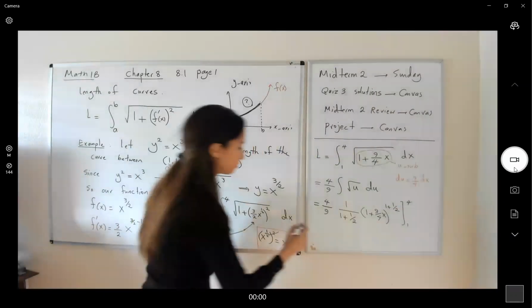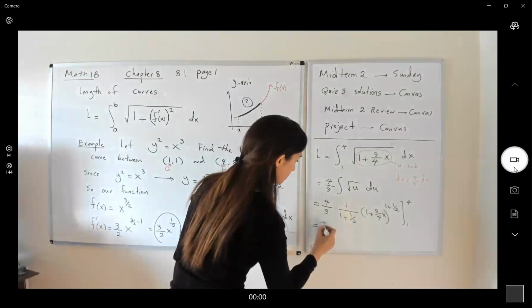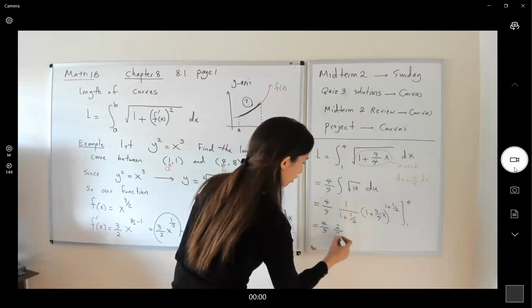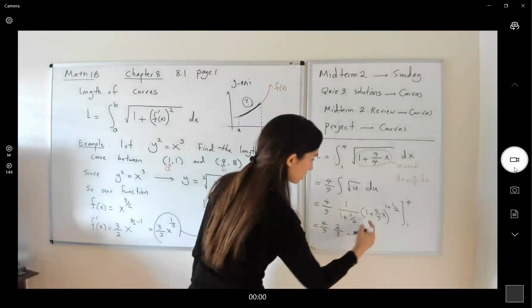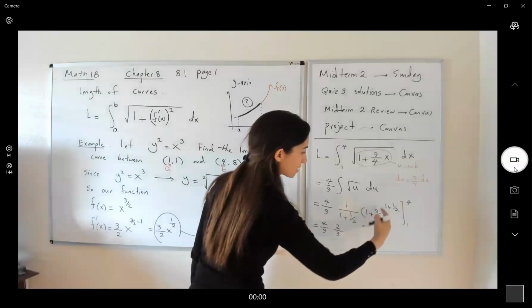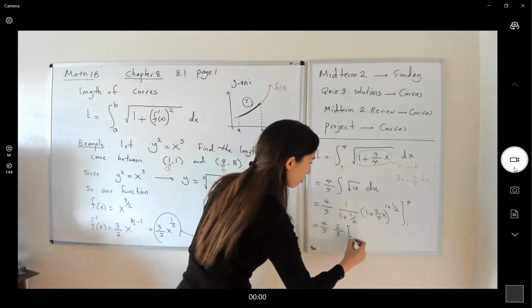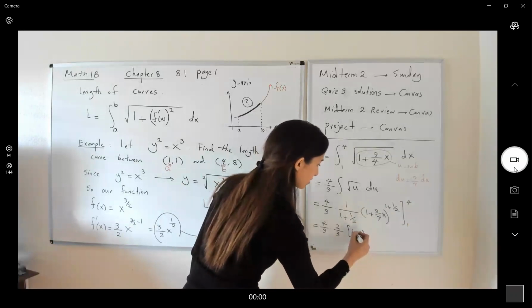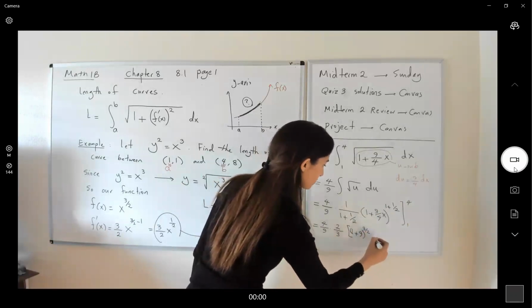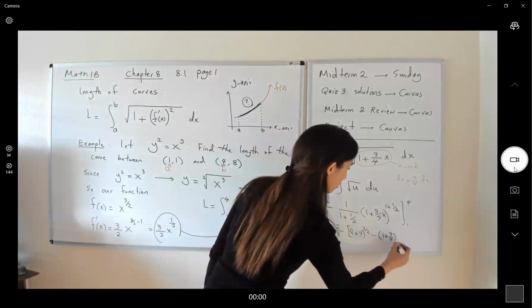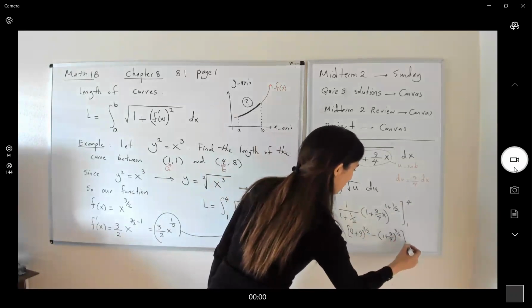Very well, let's simplify this. We get 4 over 9 times 2 divided by 3 times, so here you have 1 plus 9 over 4, x is 4, so you get (1 plus 9) raised to 3 halves minus (1 plus 9 over 4) raised to 3 halves.